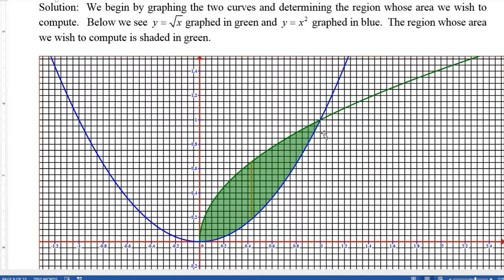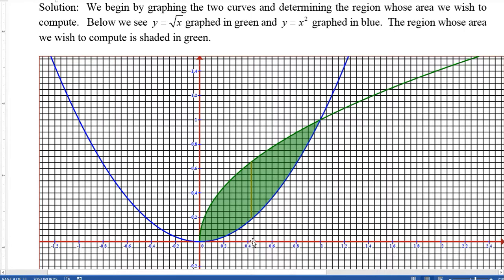So what we can do is start by drawing a little vertical strip, which you can see right here in the middle of our region. How tall is that strip? It's the top y minus the bottom y, where the top y is the square root of x and the bottom y is x squared.